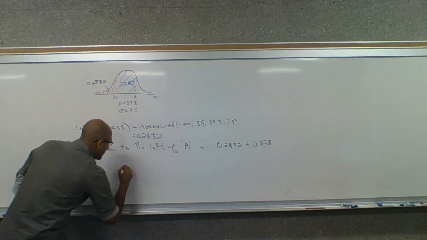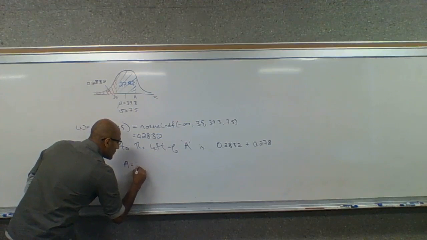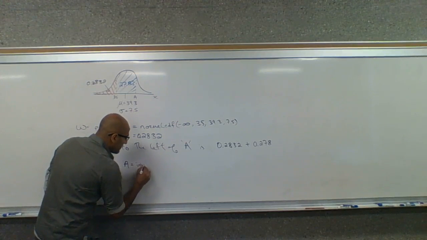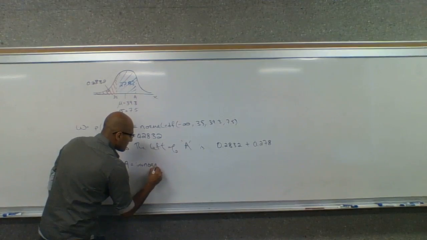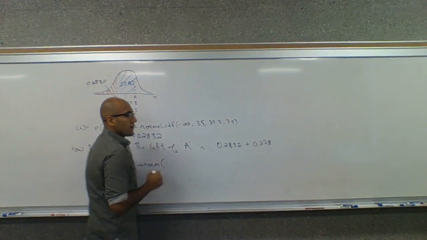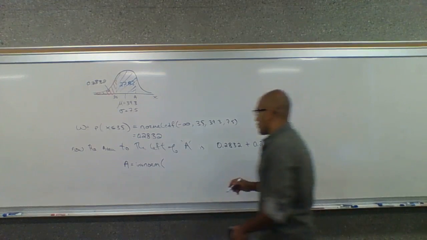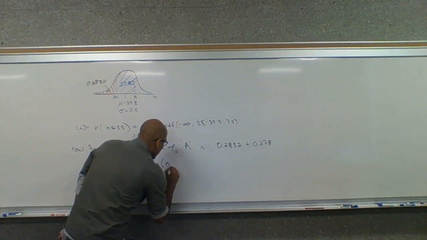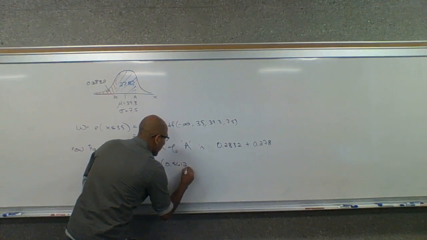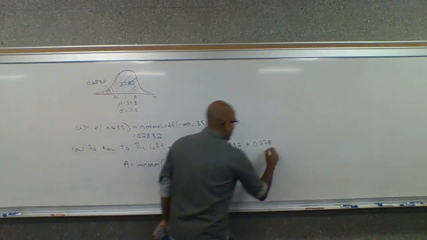And so now capital A is going to be equal to our calculator function of inverse norm, and it's 0.5612, which is the sum of those two areas.